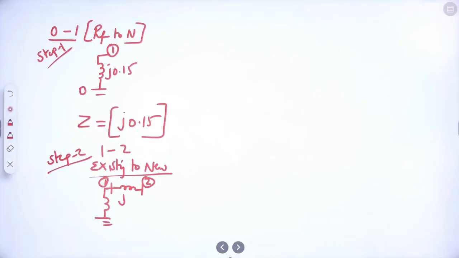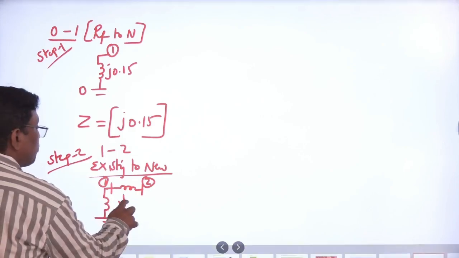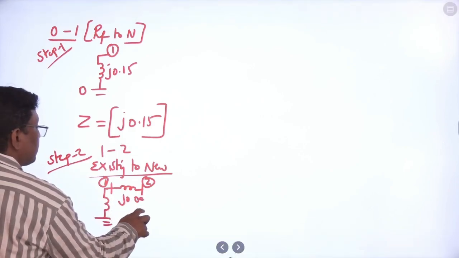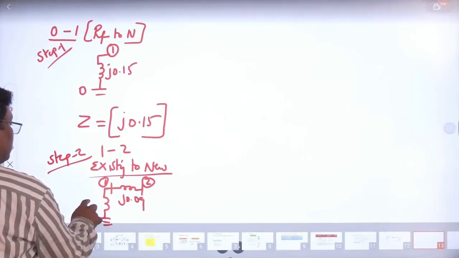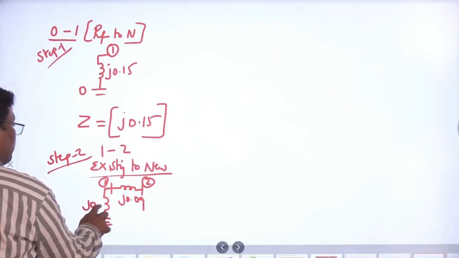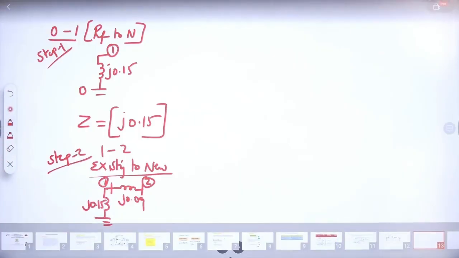Bus number 1 to 2, the value is 0.09. So this part is over, 0.15. Clear? Now find the Z bus.